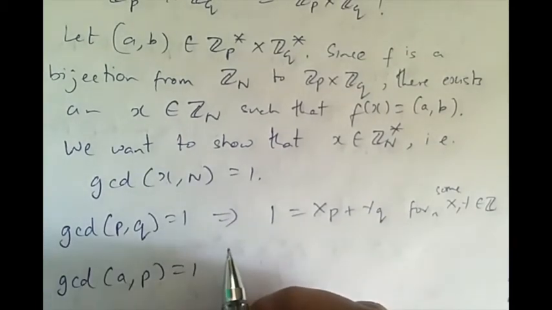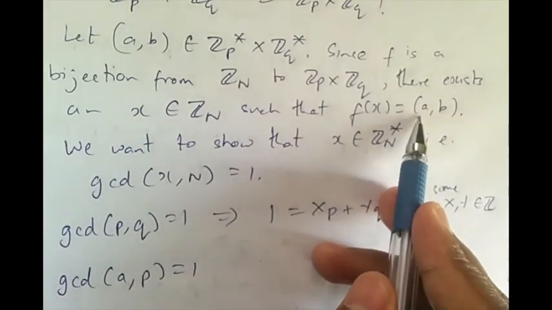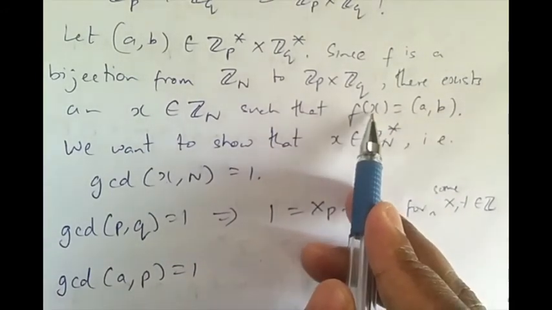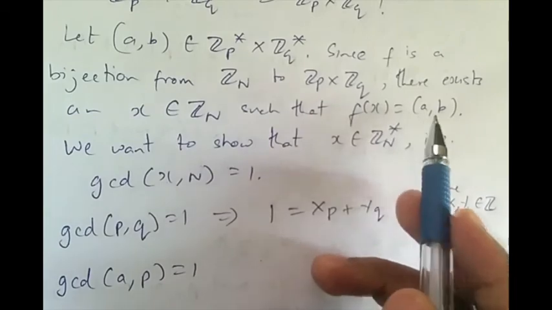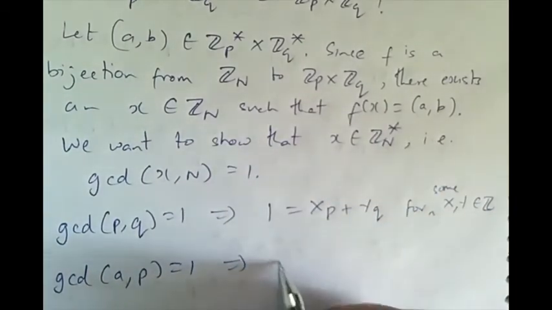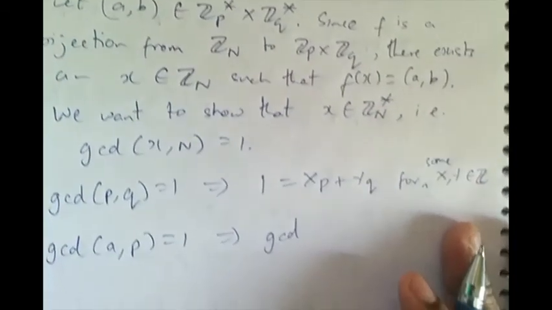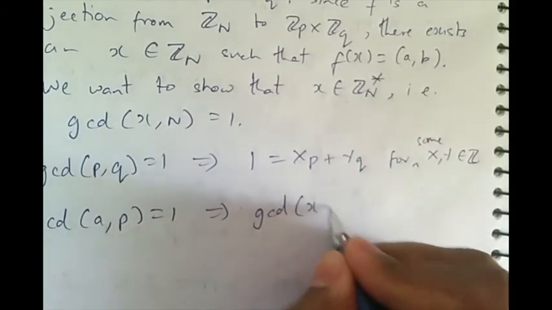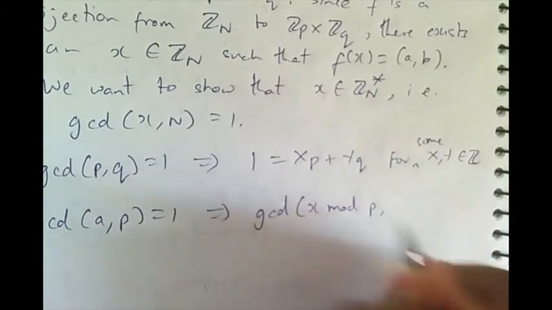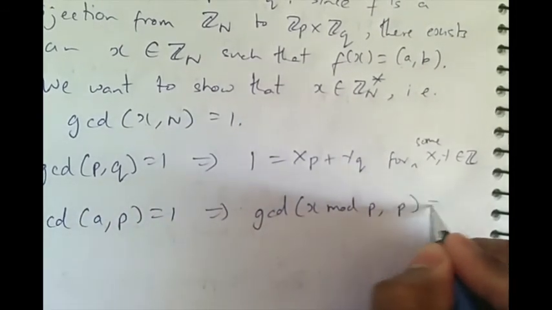But what is A? A is actually X mod P, because we said to consider an X such that f of X is equal to AB. Which implies the GCD of X mod P and P is 1.